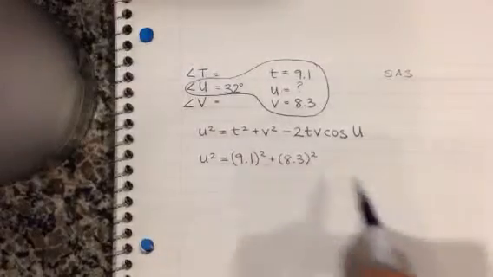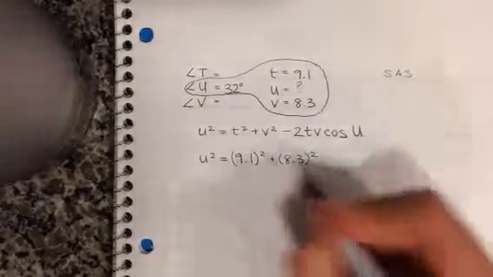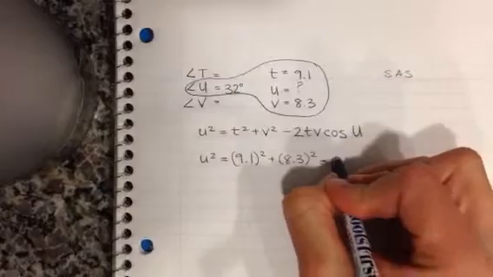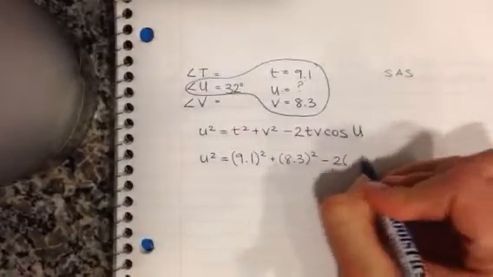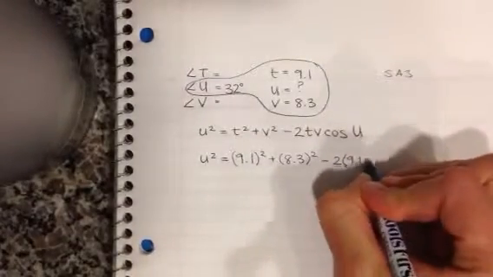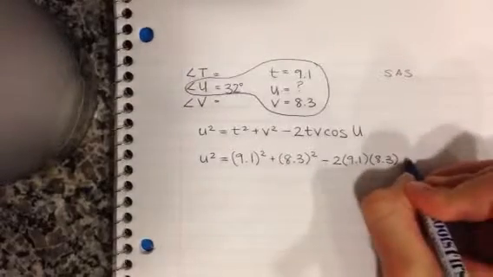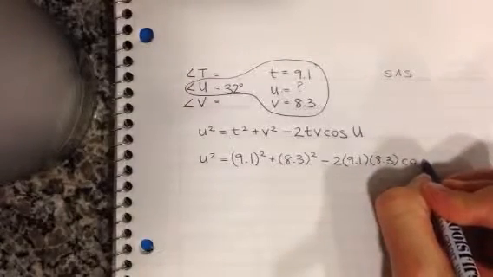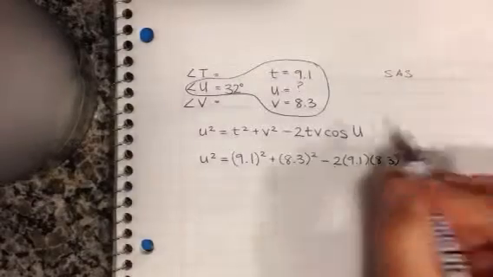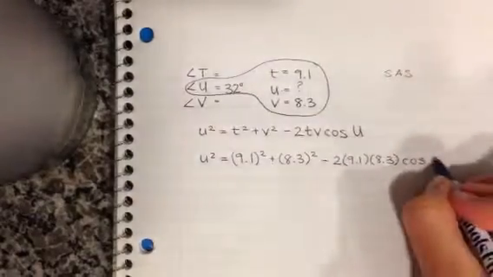I'm writing parentheses right now to show you how to plug it in, but you don't really have to do that for this part. For this part, because you're multiplying so much, you're going to want to write that in. Cosine of U, and U is 32 degrees.